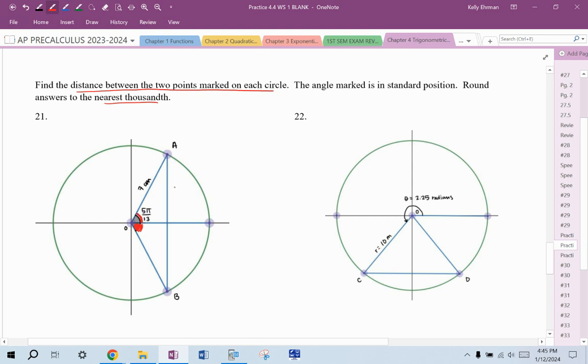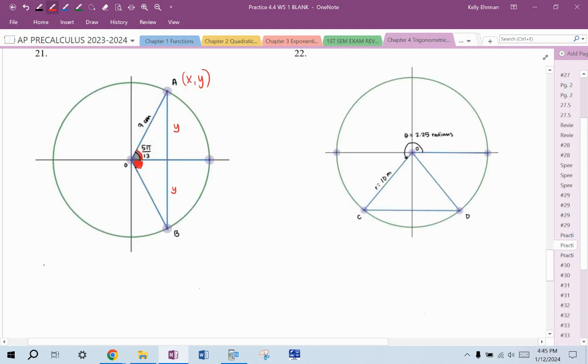Okay, so we want the vertical distance between A and the x-axis and the vertical distance between the x-axis and B. Because the terminal side ends at A, we're going to find the y coordinate for A, and then we'll just double it to get the distance between A and B. So the distance between A and B is equal to 2 times y.